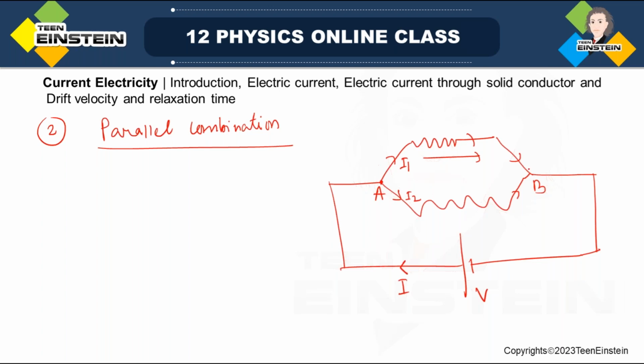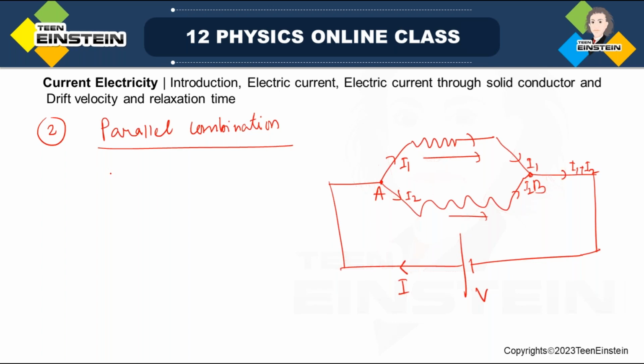Through this it will be I1, and through this it will be I2, and they come up to this junction and the current will be added up here. So here it will be I1 plus I2. In this case, current is actually getting divided. So a parallel circuit is called a current divider.